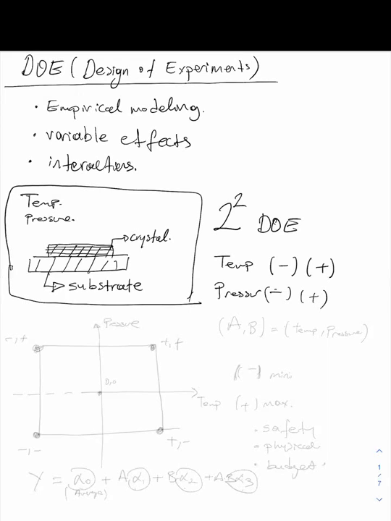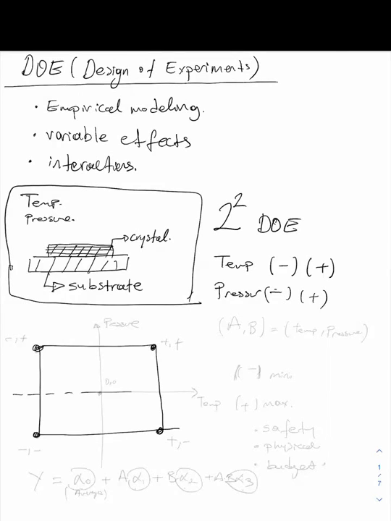And you can imagine that this system is basically a square. It's a two-dimensional system, so you have four corners, which are the corners that you're going to measure with your experiment.